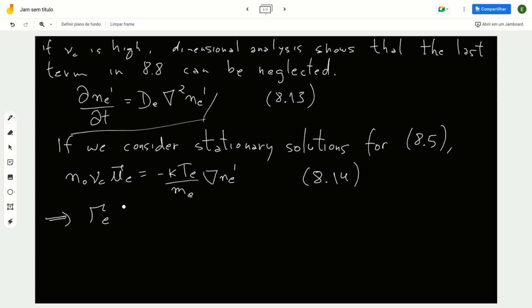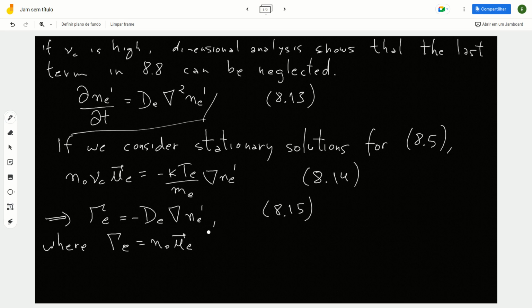We divide by the frequency and write it like this, where this is this. This is the linearized electron flow.